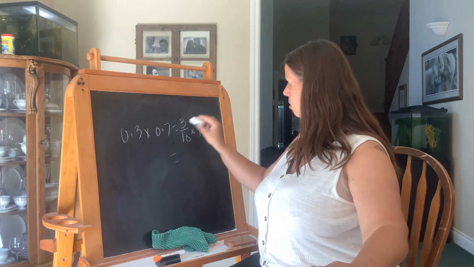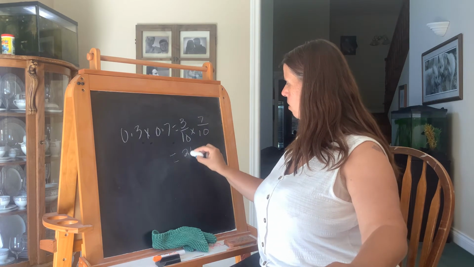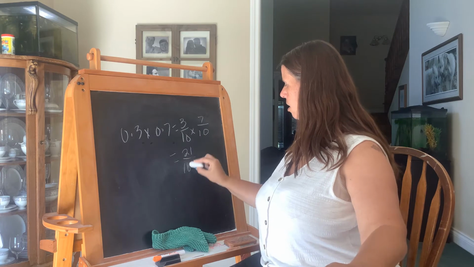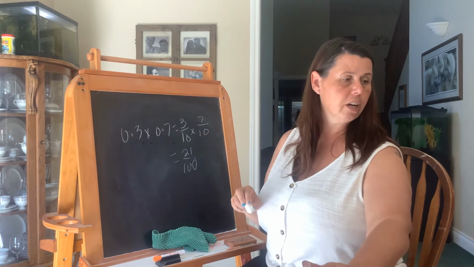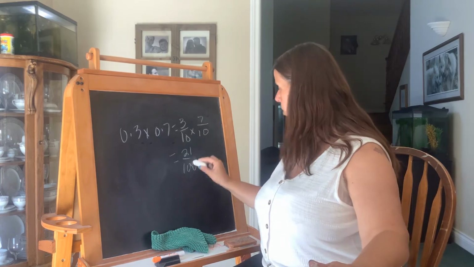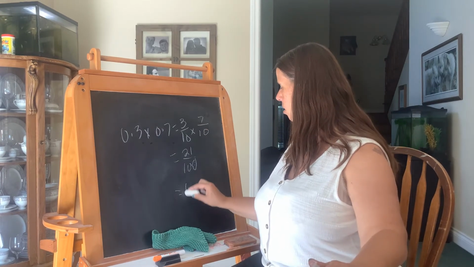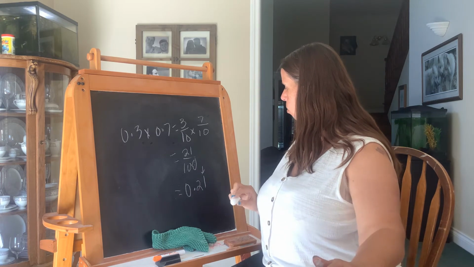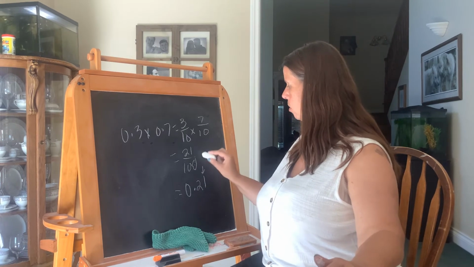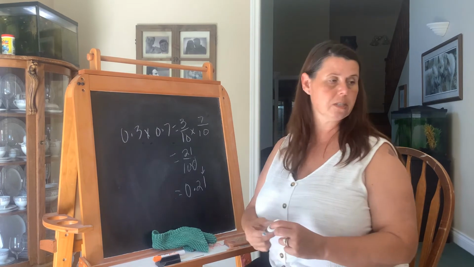We're going to multiply across the top. 3 times 7 is 21. 10 times 10 is 100. 2 zeros, 2 zeros. Got it. 21/100. Now they want me to change 21/100 back to a decimal. 21/100 would be 0.21 because my 1 has to be in the hundredths column. 2 decimal places, 2 decimal places.